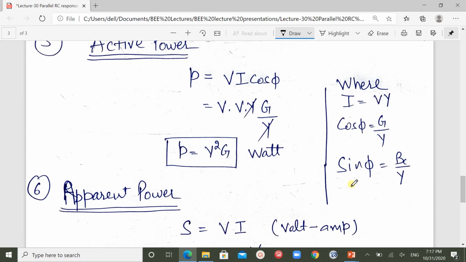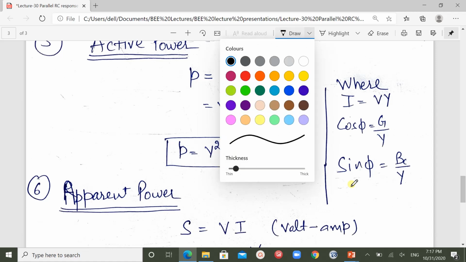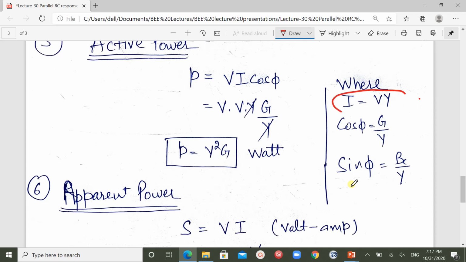We put the value of I, and cos phi is G by Y, so Y cancels out, and we are left with P is equal to V square G. The units are watts.